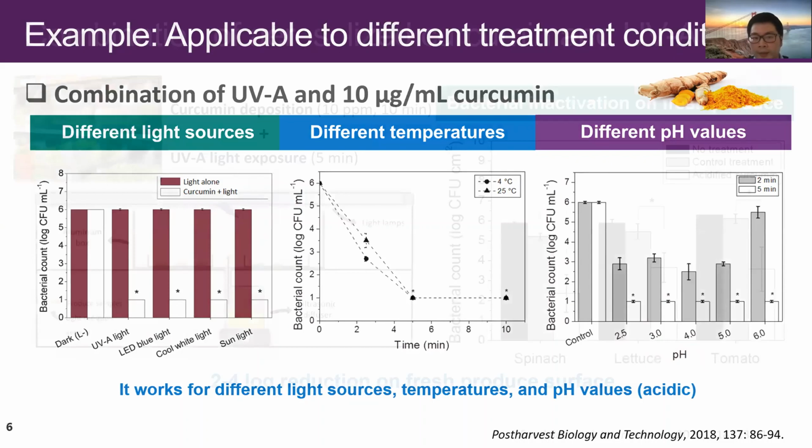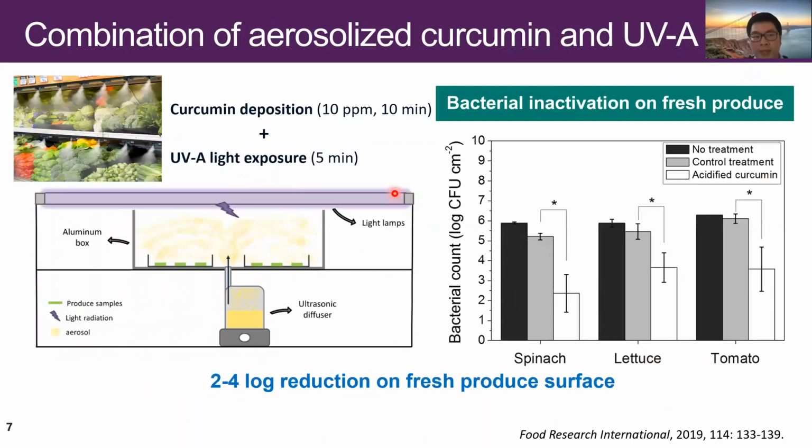One potential application is that we know in the grocery store there are spray systems assembled on the vegetable shelf. So we can spray this kind of low concentration of curcumin on the fresh produce surface.